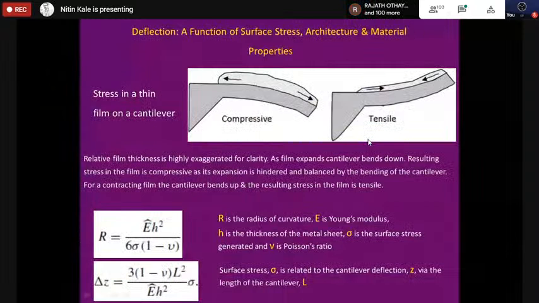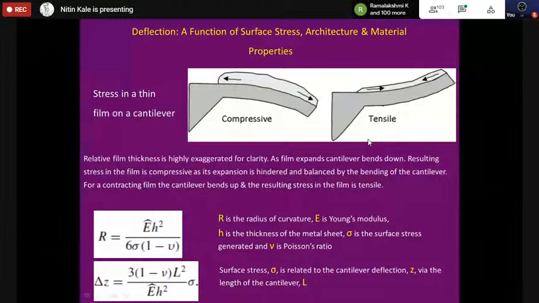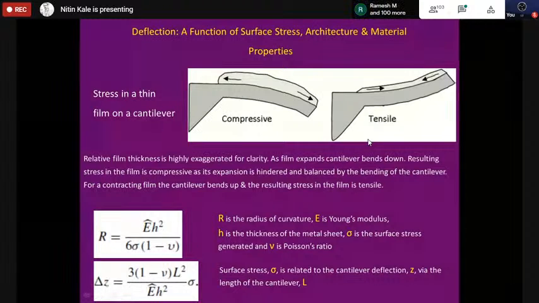You may have on a cantilever a compressive stress or a tensile stress, and accordingly you will have the bending. What is important here is that this bending is going to have a certain radius of curvature. And this bending is going to have a certain deflection, given by delta Z. Now, the radius of curvature is a function of the material properties and the geometry of the cantilever structure.